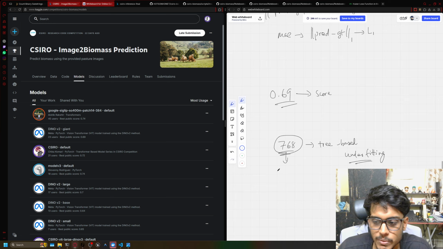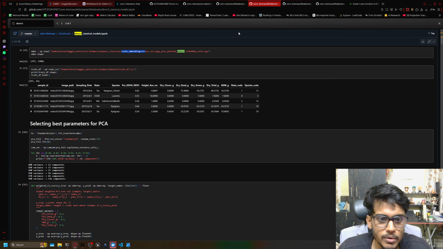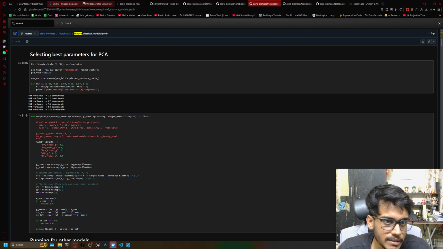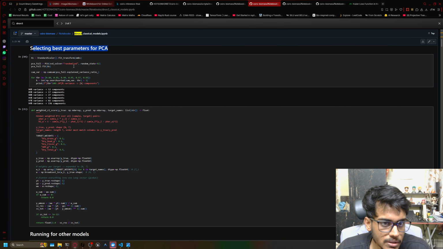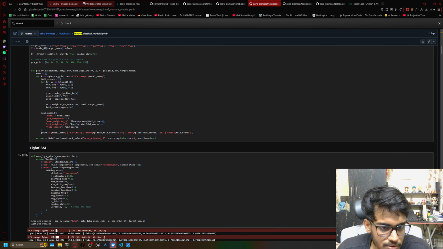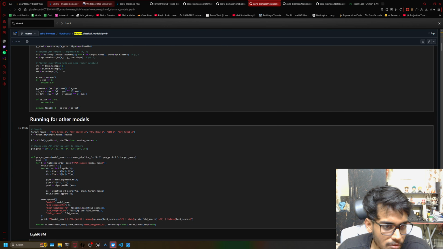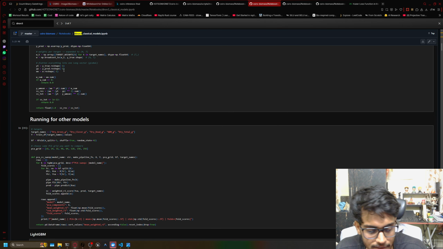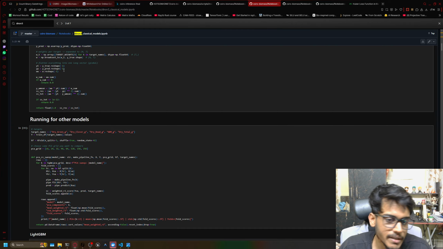For that I used PCA, to analyze which dimension was performing well across all the models. This notebook contains that strategy. You can see selecting the best parameter for PCA. I did multiple iterations, fitting LightGBM, XGBoost, linear regression, Lasso, Elastic Net, SVR, random forest, all the regression type models.